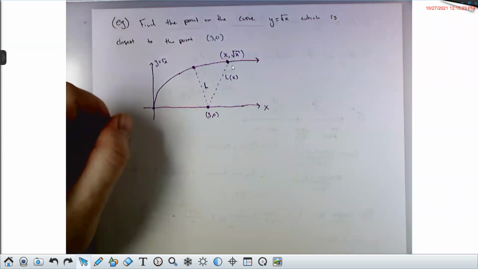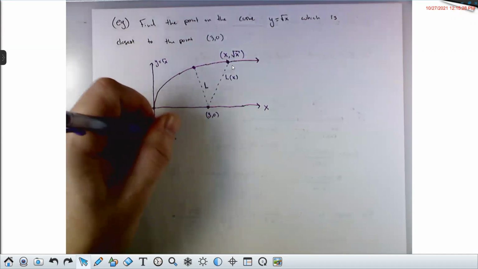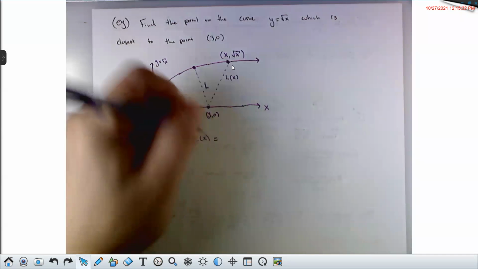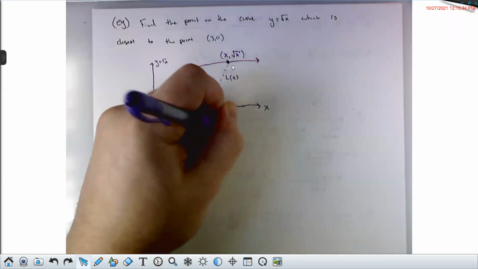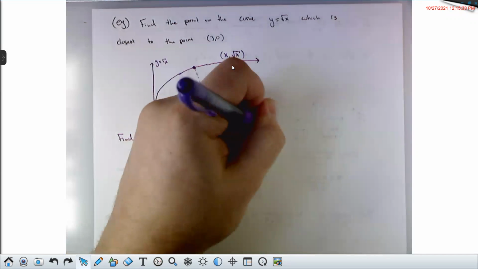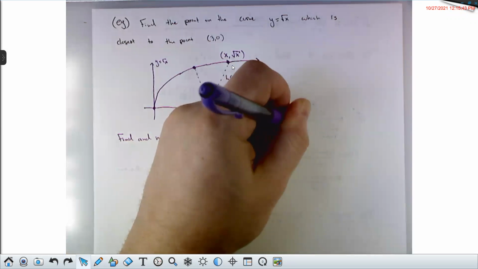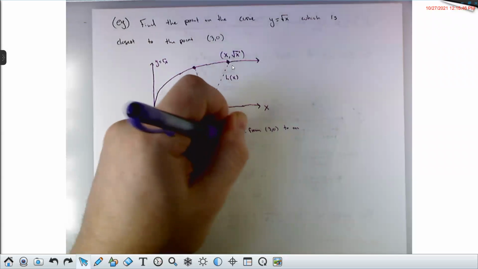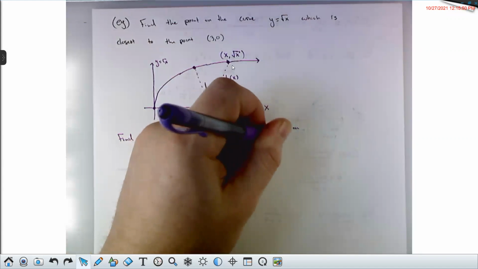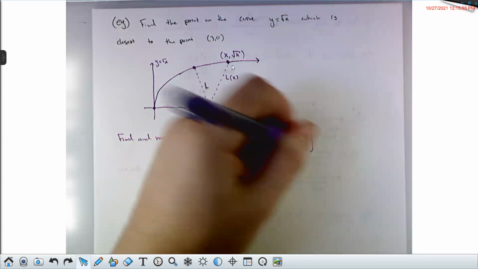So I want to find and minimize L of x, which is the distance from 3, 0 to an arbitrary point on the curve y equals square root x.